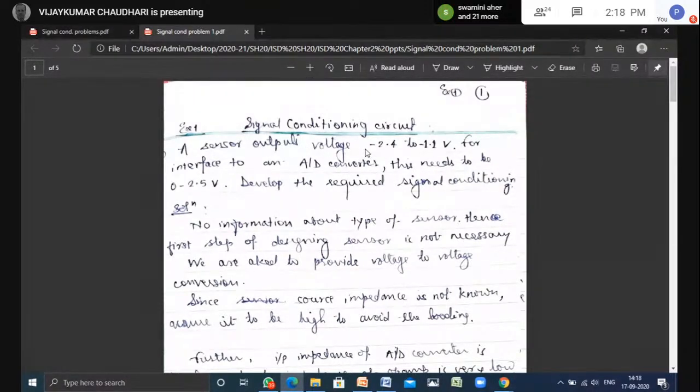The sensor output voltage is minus 2.4 to 1.1. For interface of an AD converter, this needs to be 0 to 2.5. Develop the required signal conditioning circuit.